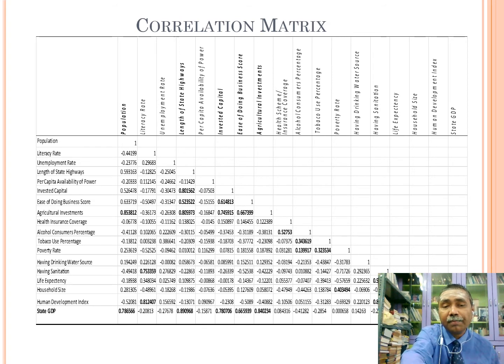Population, length of state highways, ease of doing business, agricultural investments and capital invested in the state: these are the five variables having positive correlation. The remaining relationships you can also see, some I have occasionally made bold. The other findings from this correlation matrix I have put in the research findings, as I explained previously.